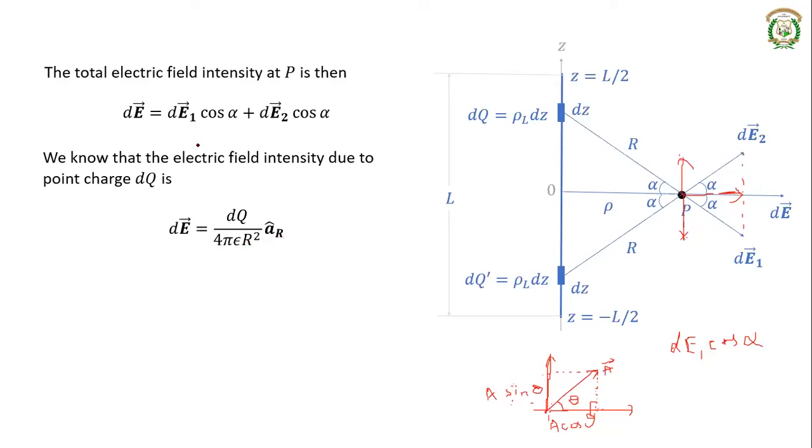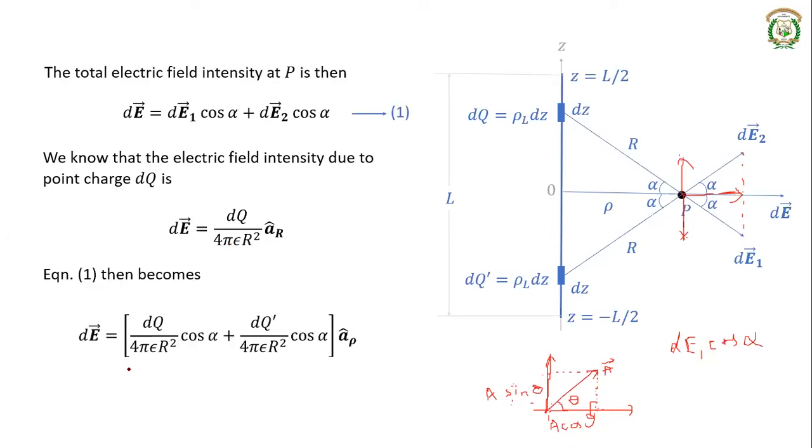So we can write it as dq divided by 4 pi epsilon r square cos alpha, plus dq dash divided by 4 pi epsilon r square into cos alpha.